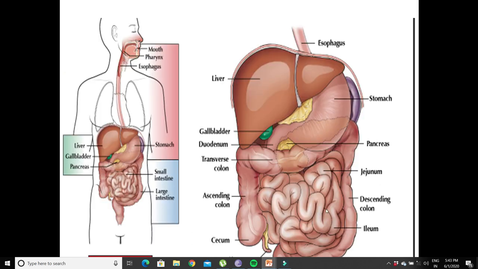So here we can have a look at the transverse colon, which lies anterior to the pancreas, and if you see the tail of the pancreas, it is in relation with the spleen.